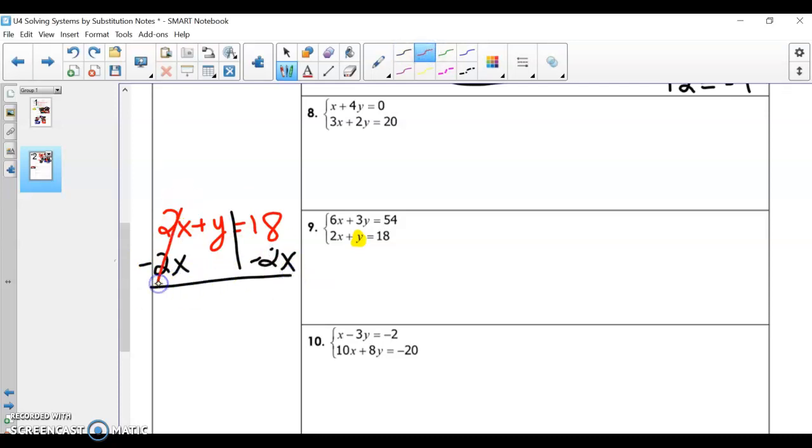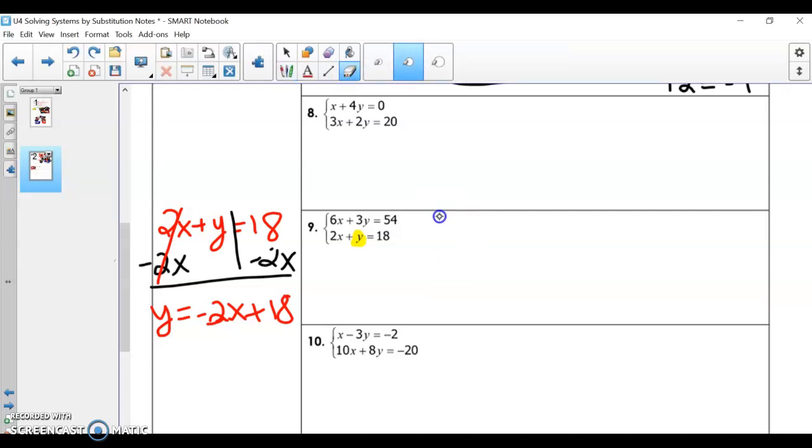Then you're left with y equals -2x plus 18. So I just converted that bottom one.